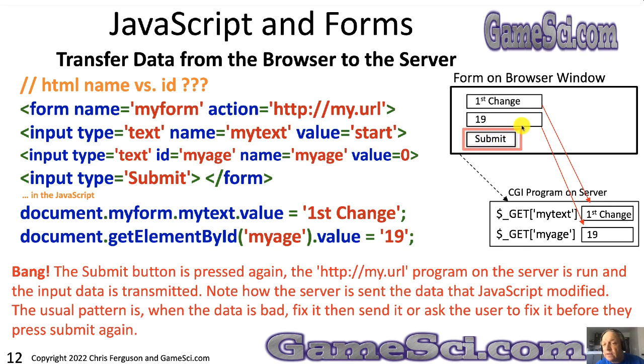When the submit button is pressed, whatever's in this box is transferred to the server under the name myText. Whatever's in this box is transferred to the server under the name myAge. Notice how this wasn't what a user typed. This is what JavaScript wanted to put into those fields. That is perfectly legitimate for JavaScript to add its own data to a form before it's transmitted to the server.